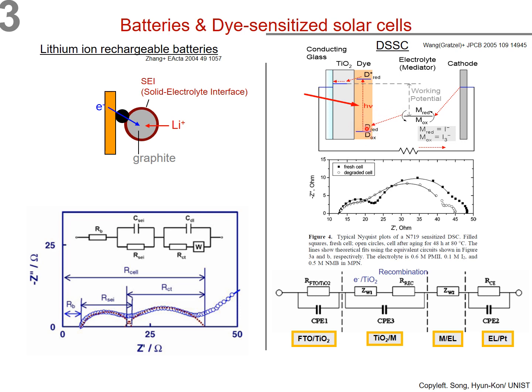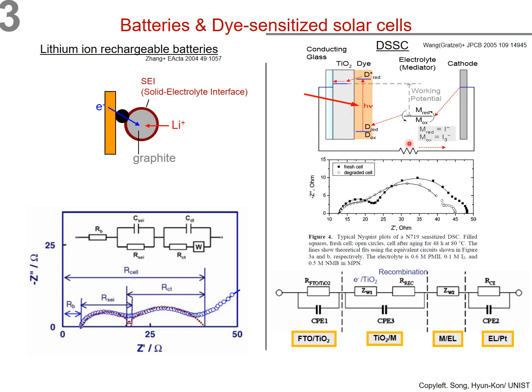So again, this electron is excited by solar ray and goes through the titanium oxide, conducting glass, copper wire, and finally to the counter electrode. That is the working process of the dye-sensitized solar cell. That is to say, by using solar rays, we are making the electrons flow continuously.